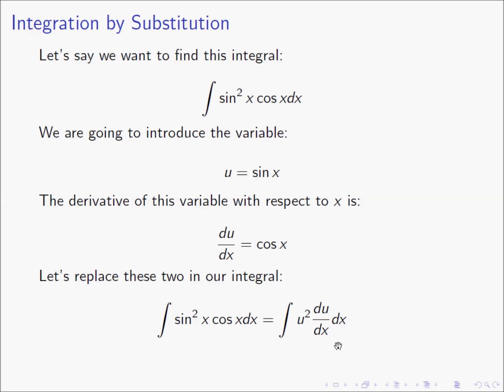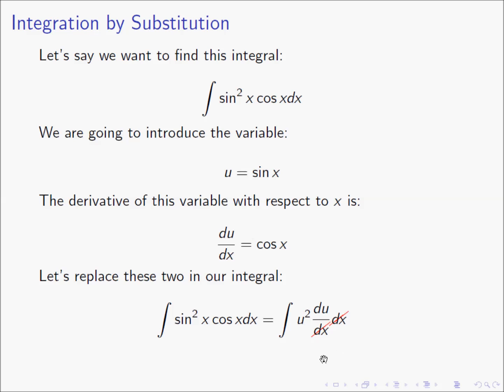Now we can cancel these two differentials dx. And you may ask, why can we do this? What are these differentials, by the way? If you are curious about this, I've written a whole page about it.